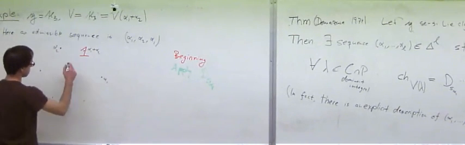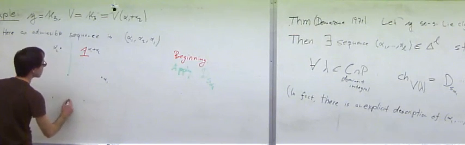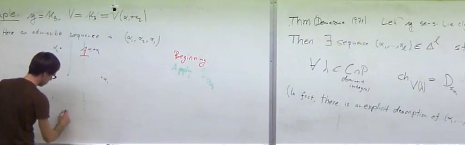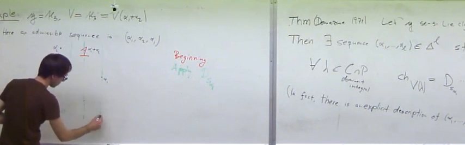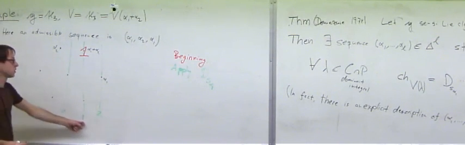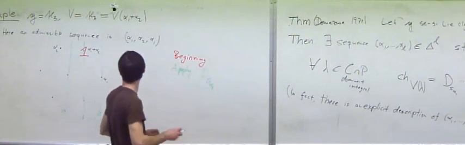So maybe I should draw these level sets also. Zero, 1, 2. So my 1 here is on the 1 level plane, so it produces 1 successor to the left.